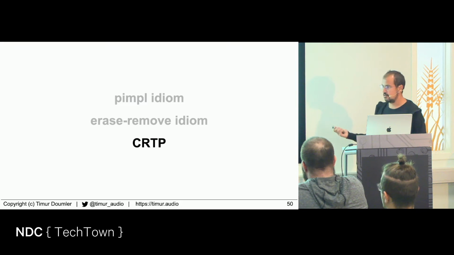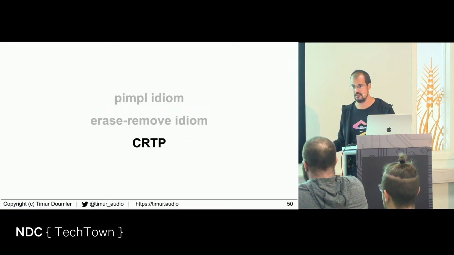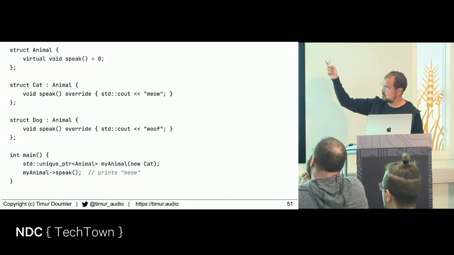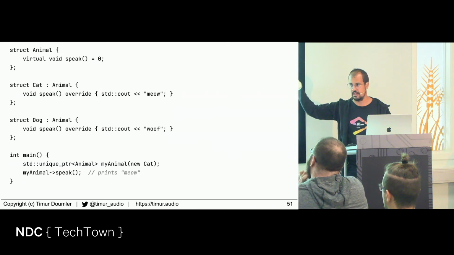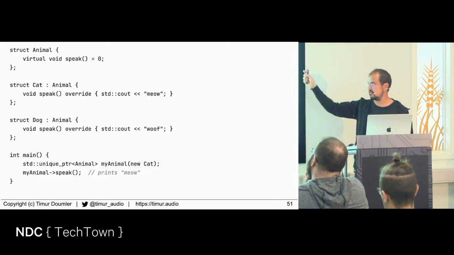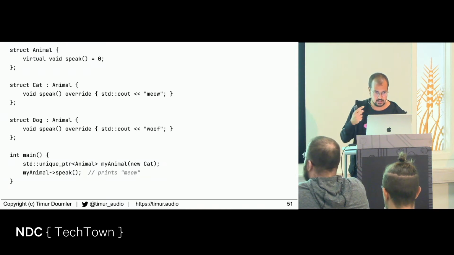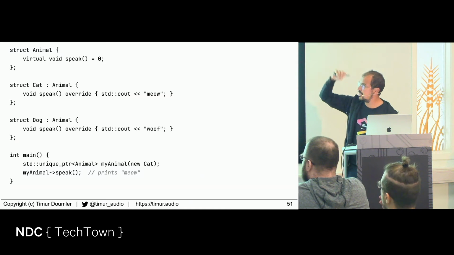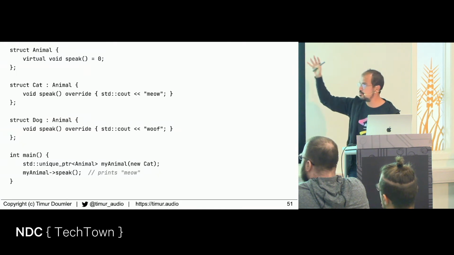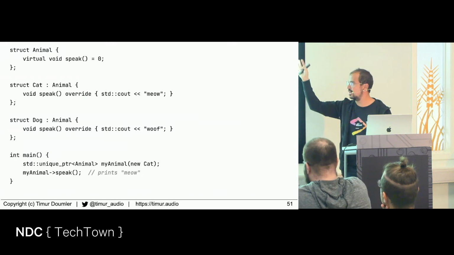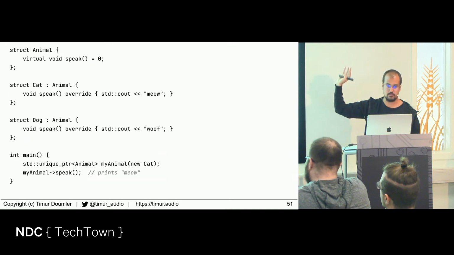What is CRTP? Just a quick primer for people who might have forgotten what this is. This is the classical polymorphism, the classical object-oriented approach, the same as you do in Java or any other object-oriented language. You have a base class Animal with a virtual function speak, and then a Cat and a Dog inherit from it, and a cat makes meow and the dog makes woof, right?